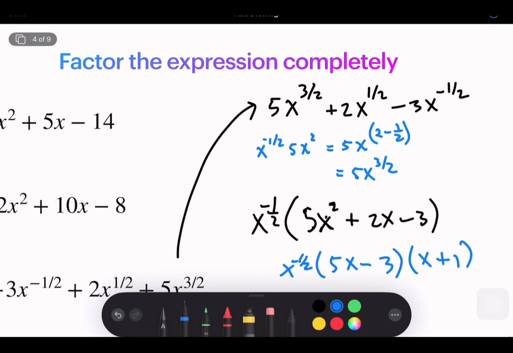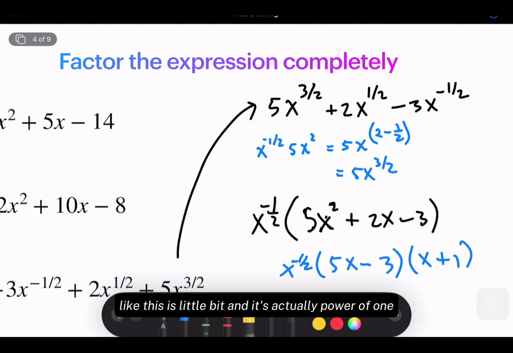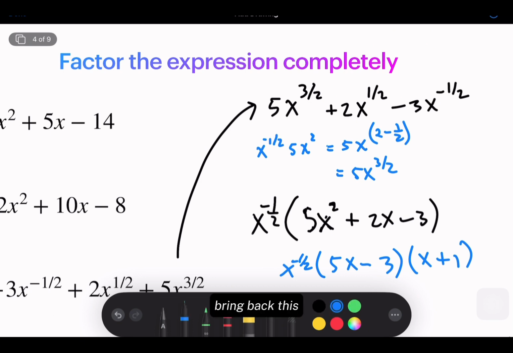You get it, right? So this is the low exponent. I got two. So negative half, you factor out this, then you have this. Because if you want to prove it, then just multiply. So this x with power of 1, which is 2 over 2, 2 over 2 minus 1 over 2 brings back this, right? This x squared, we multiply with this, it means that 2 minus this, so 4 over 2 minus 1 over 2, which is 3 over 2, okay?